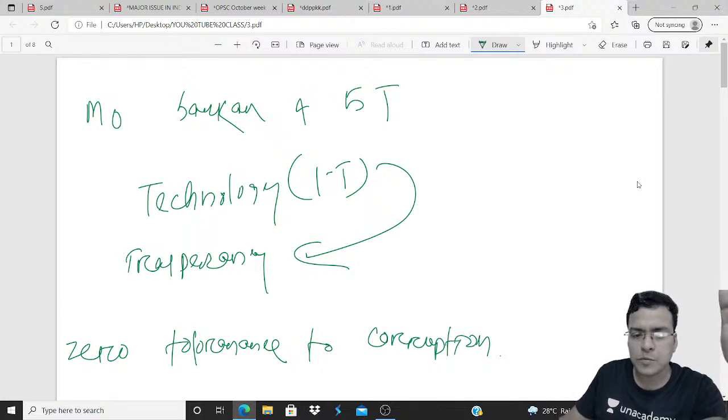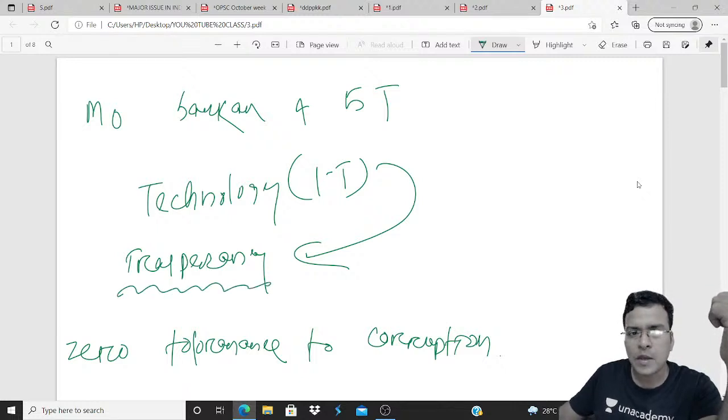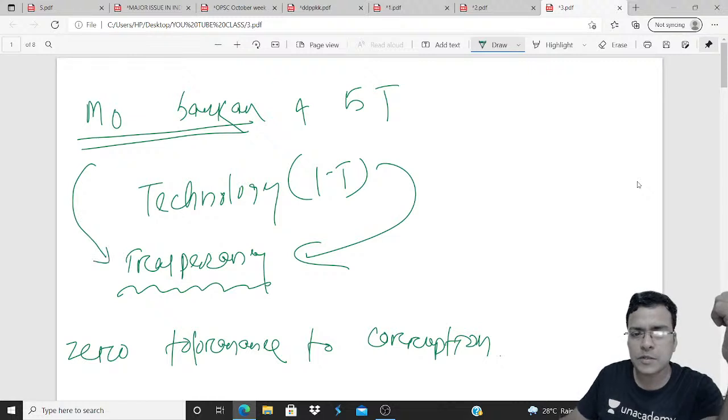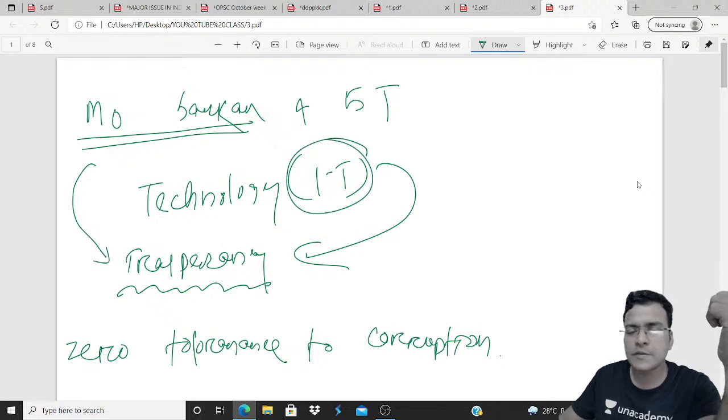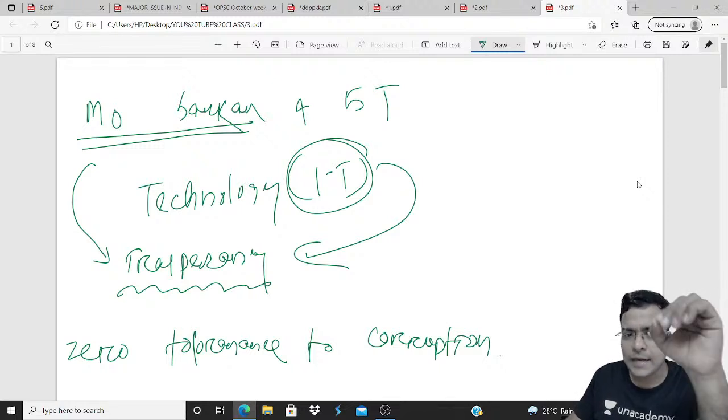Zero tolerance to corruption, the motto of the Government of Odisha. So how is this possible? Transparency. And this Mo Sarkar also promotes the concept of transparency, and IT plays a very significant role in ensuring this. Okay, so this is a very good question. Second ARC, Mo Sarkar, 5T, you give various examples of how IT has aided transparency.